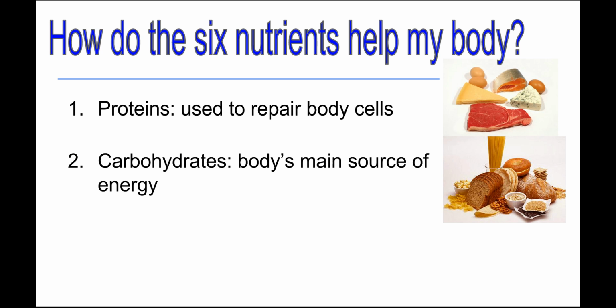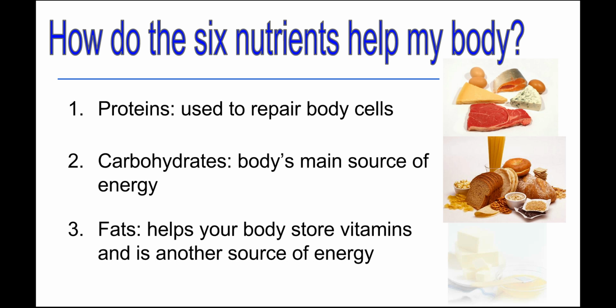The second nutrient, carbohydrates, are responsible for providing your body with its main source of energy. These include grains, pastas, and cereals, to name a few. The third nutrient, fats, help your body store vitamins and serve as another source of energy. 2 examples are butter and oil.